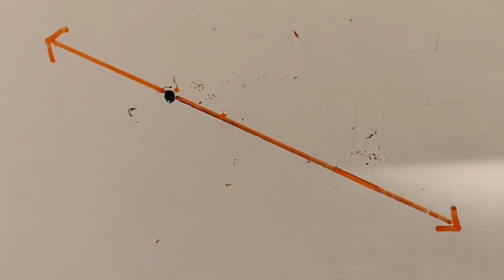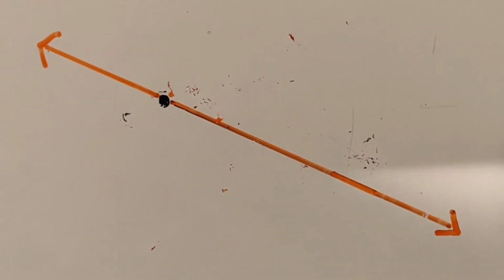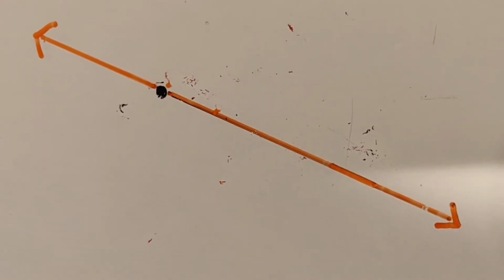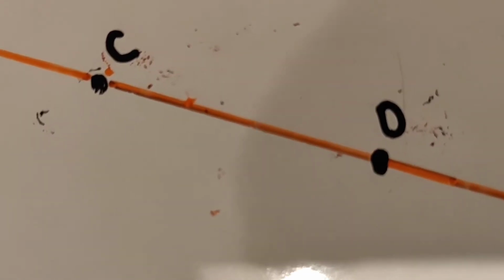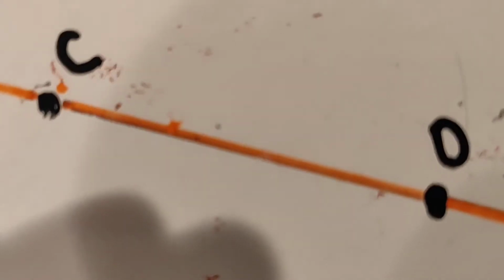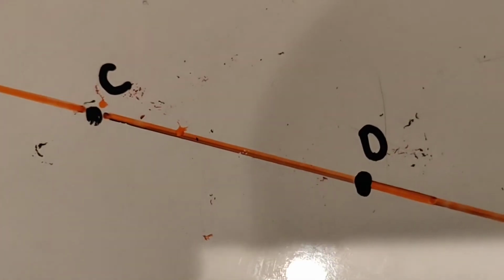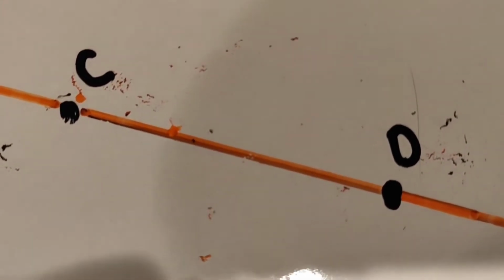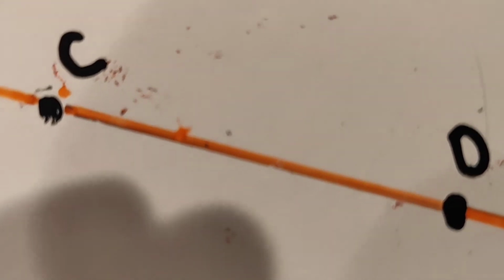That a line goes forever in both directions, and that a line segment is the part of a line between 2 points, here between points C and D.